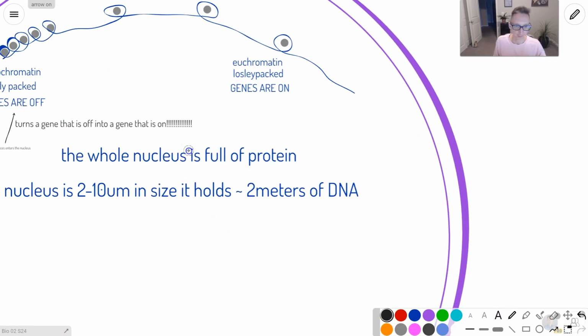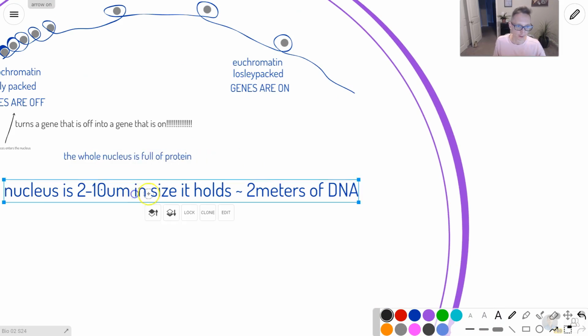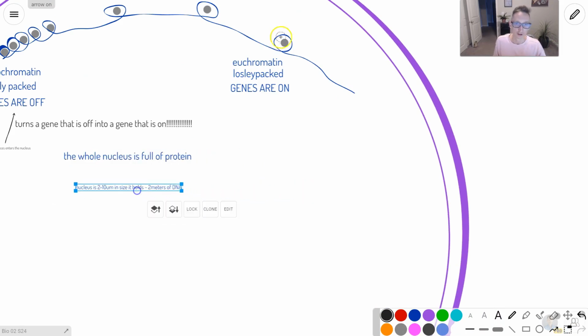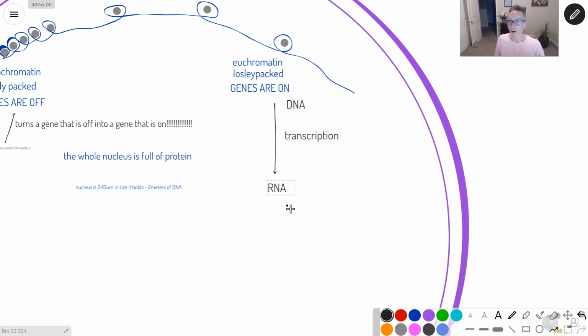Let me make this a little smaller here. So we've got our gene here. This process would be called transcription, taking DNA and converting it into RNA. RNA, if you remember, is also a nucleic acid.